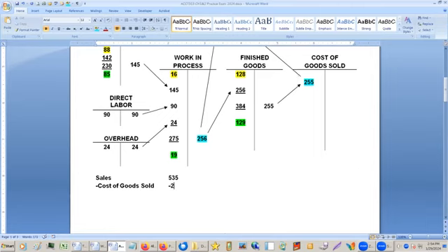$255. This goes our gross profit or gross margin, either one. $280.